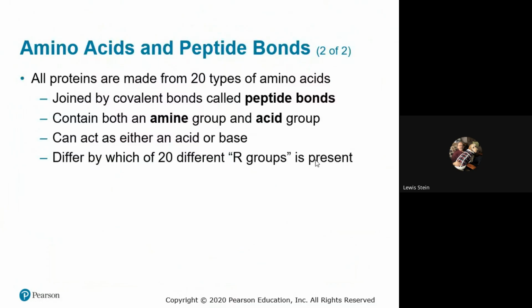So all are made up from 20 of those. They're joined together by a particularly strong peptide bond, a lot of energy in proteins. It's a joining of the amine from one and the acid from another. They can either act as acid or base depending on what the R group is. And I'll show you what the bond looks like.